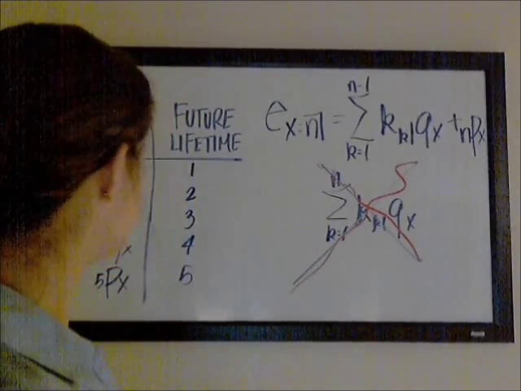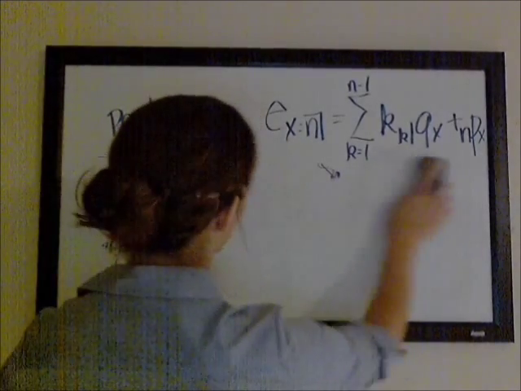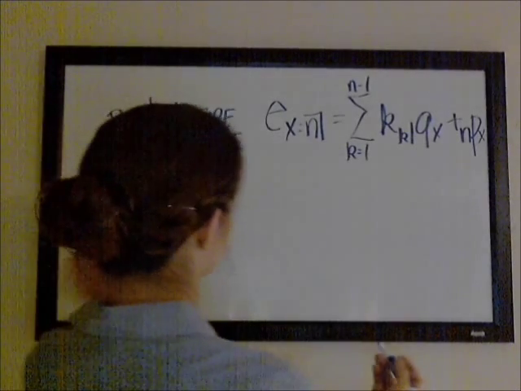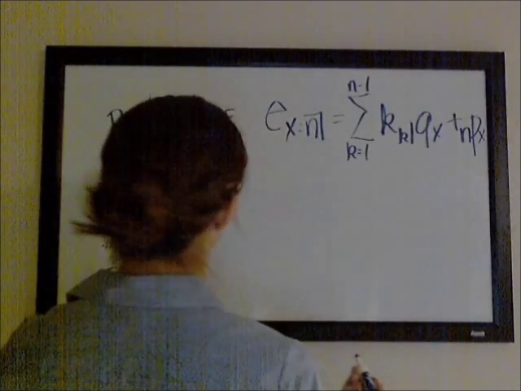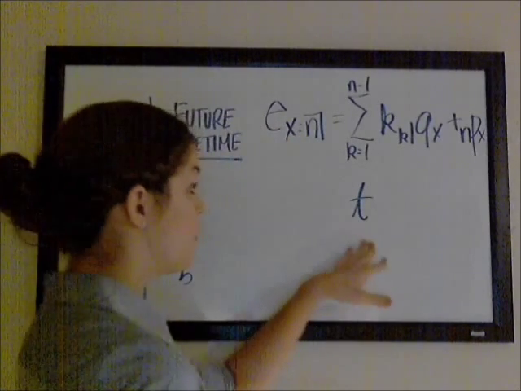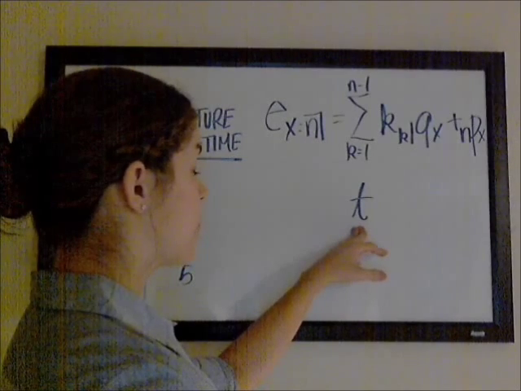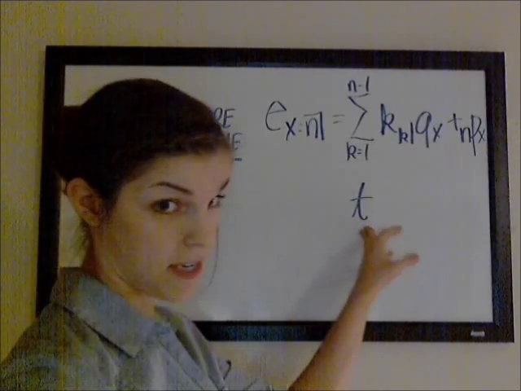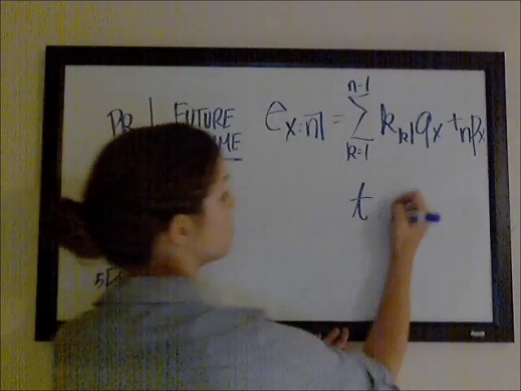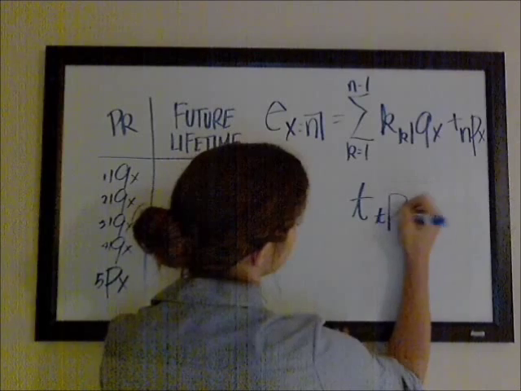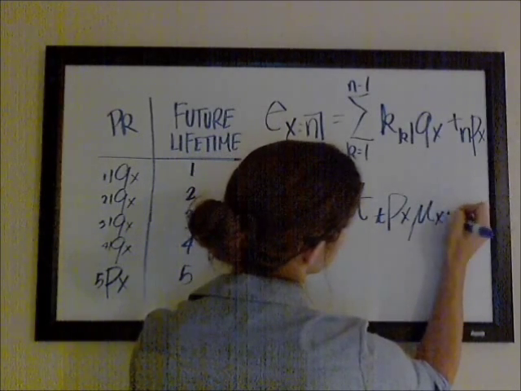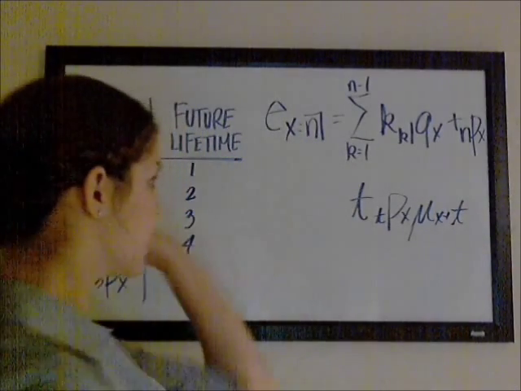And then for continuous, again, it's very similar. Now you're still looking for expected values, so we want to take all the possible values that the future lifetime can take on times their corresponding probabilities, which is the probability density function for x evaluated at t, which we said before is tpx mu x plus t.